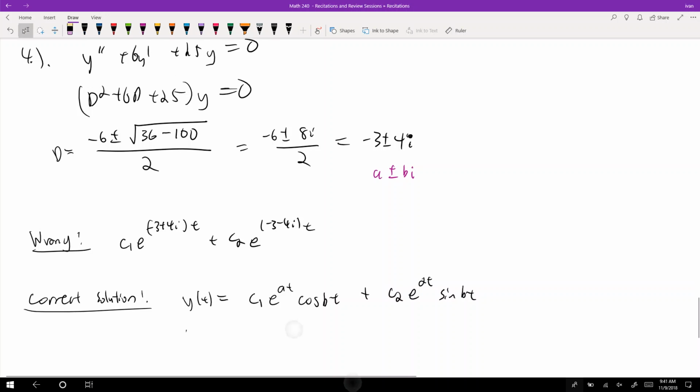So what is that in our case? In our case, that's C1 e to the negative 3t cosine 4t, plus C2 e to the negative 3t sine 4t.